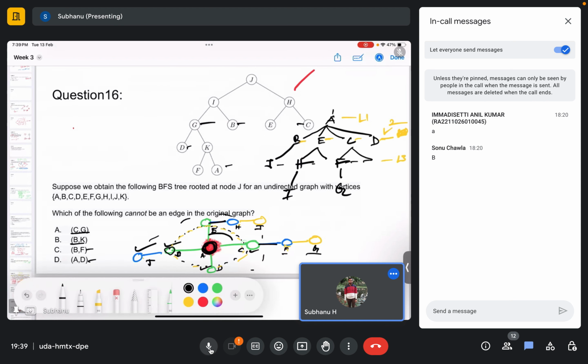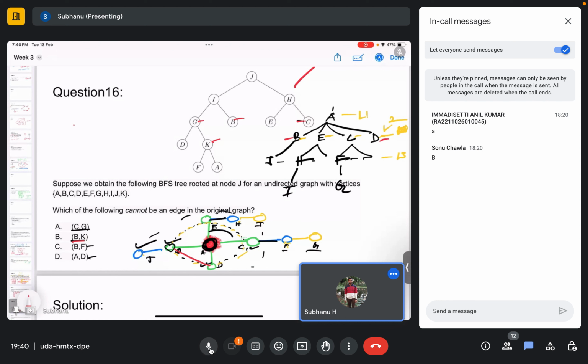So basically, C and G are in the same level, fine, no problem. B and D can be an edge here. Yes, B and D can be an edge here. Also B and K, and E and H, so E and H is already an edge here, so this also can happen.